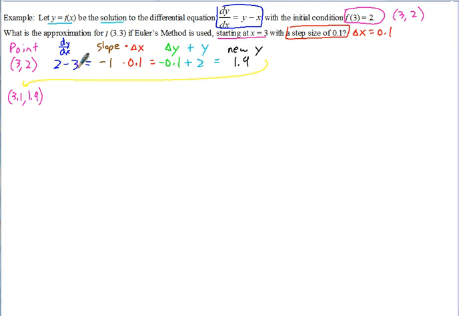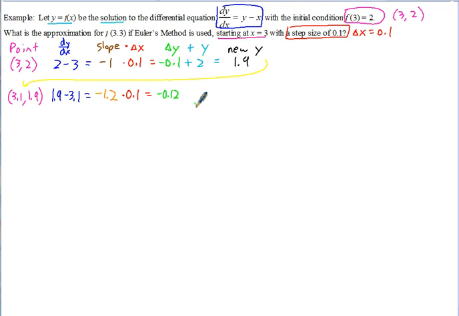So we go dy/dx, it's y minus x. So do 1.9 minus 3.1. That'll give you negative 1.2, times 0.1 would be negative 0.12.